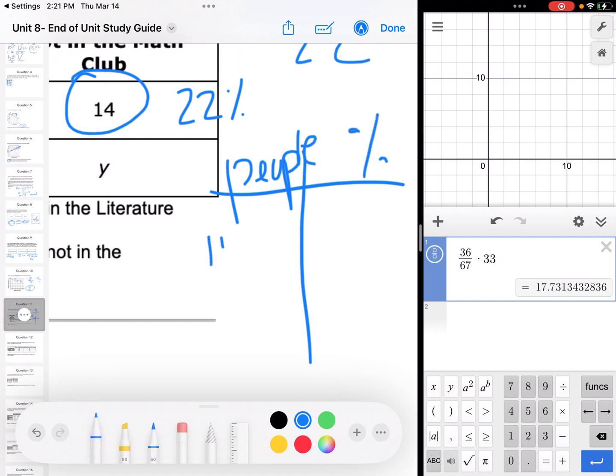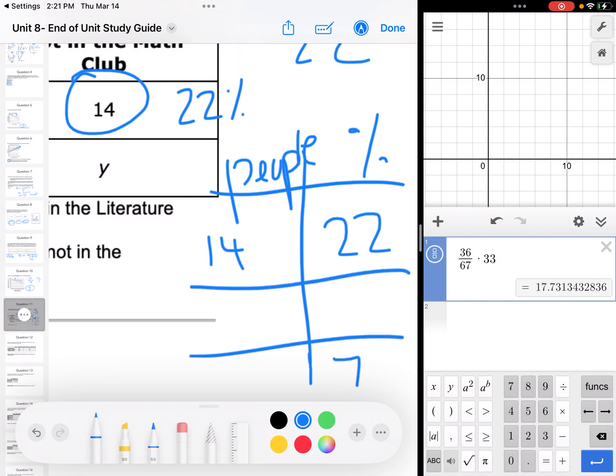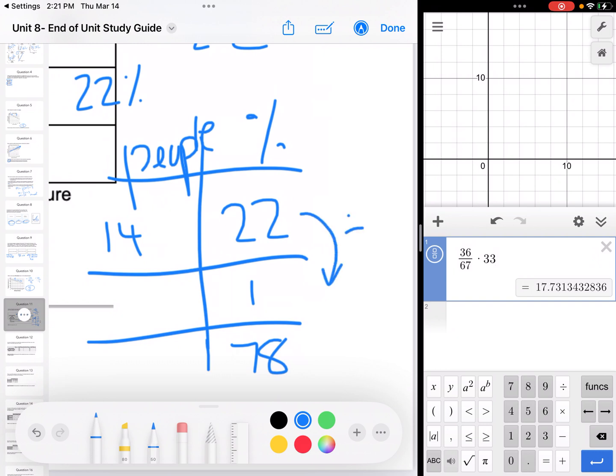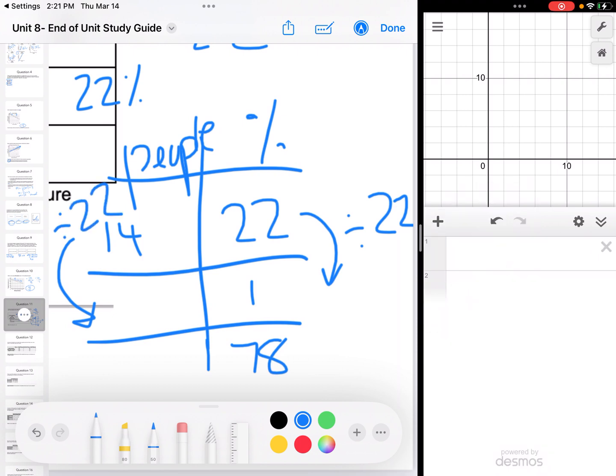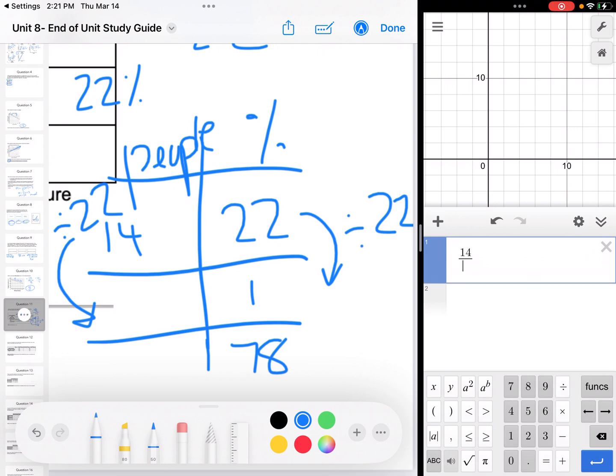So I know 14 people make up 22%, and I want to figure out what 78% is. So I'm going to divide by 22. And I get 0.63 repeating.